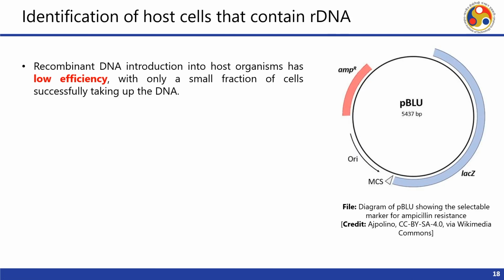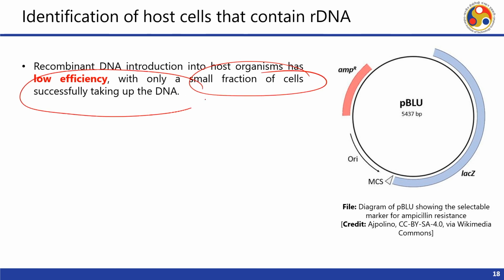The next important step is the identification of host cells that contain rDNA. After the vector is loaded with the gene of interest, and the recombinant DNA is introduced into the host cell by transformation or transfection, it is essential to identify the host cells that contain this recombinant DNA molecule.